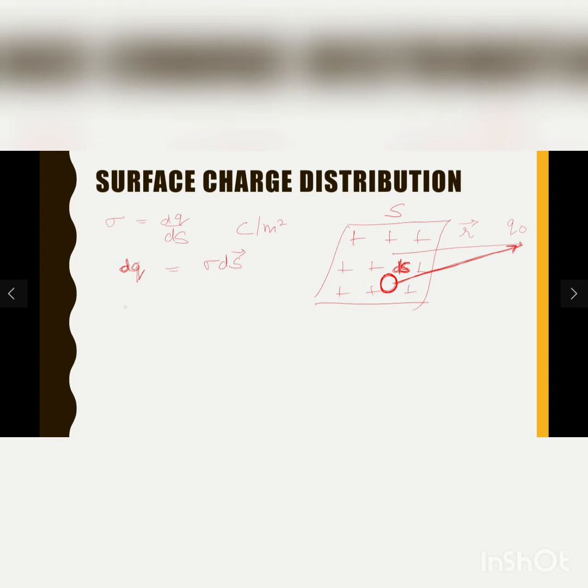So due to this small element, force dF would be dq into Q0 times 1 by 4 pi epsilon naught r square into r hat. This would be the contribution of one small element dq. Now if I want to find the net force due to all the elements together, I can simply take the integral of this small force over the whole surface. So I integrate the expression for force.